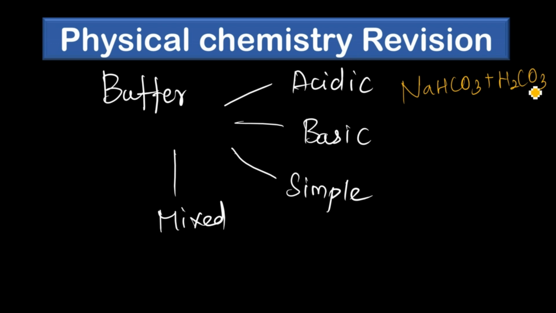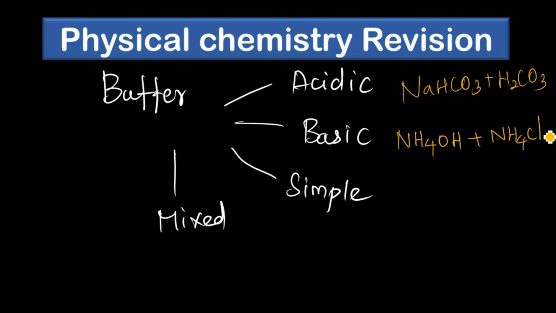These are acidic buffers. Similarly, in case of basic buffers, the mixture will contain an amount of weak base and its salt. For example, ammonium hydroxide is a weak base. Its salt is ammonium chloride. Okay. Then simple buffer.